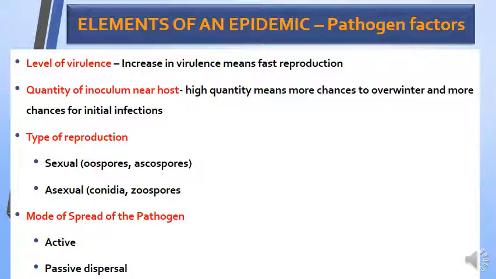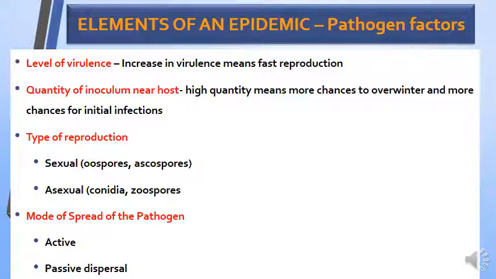The other group of pathogens can produce only one reproductive cycle per growing season, known as monocyclic pathogens. This type of pathogen increases over years, not a few months.